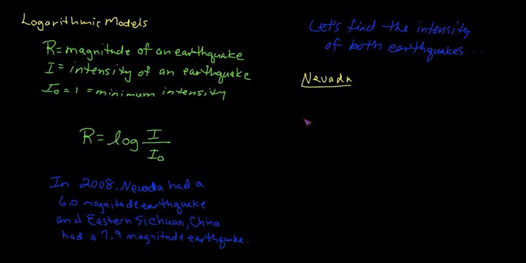So 6.0 is equal to log of I. And now, since this is just a common logarithm, it's going to be base 10, we can just use our shortcut and do the circle. 10 raised to the 6th power equals I. Well, 10 to the 6th is 1 million.